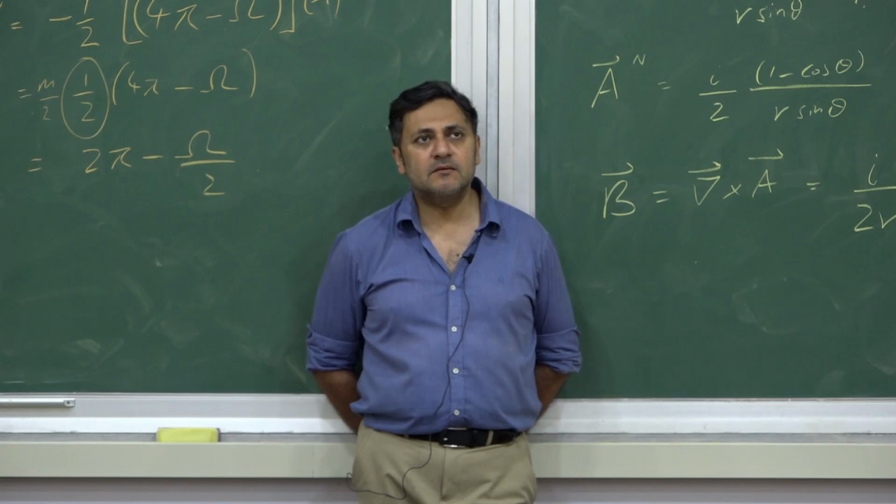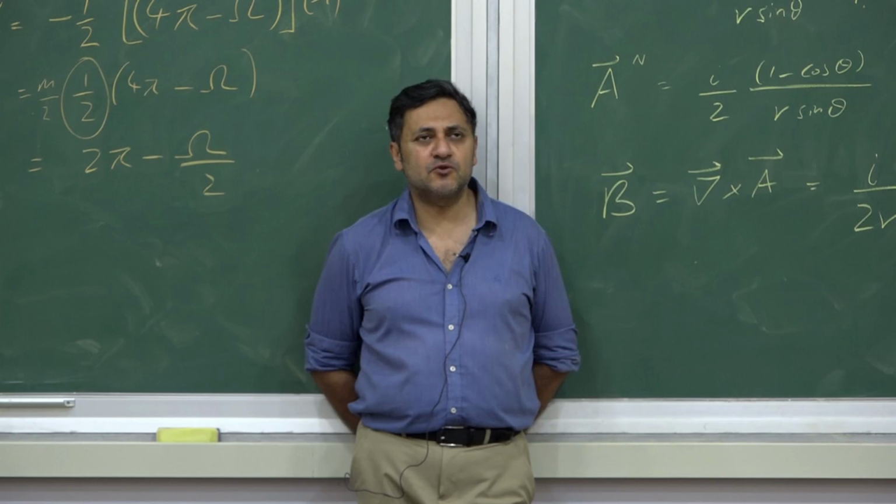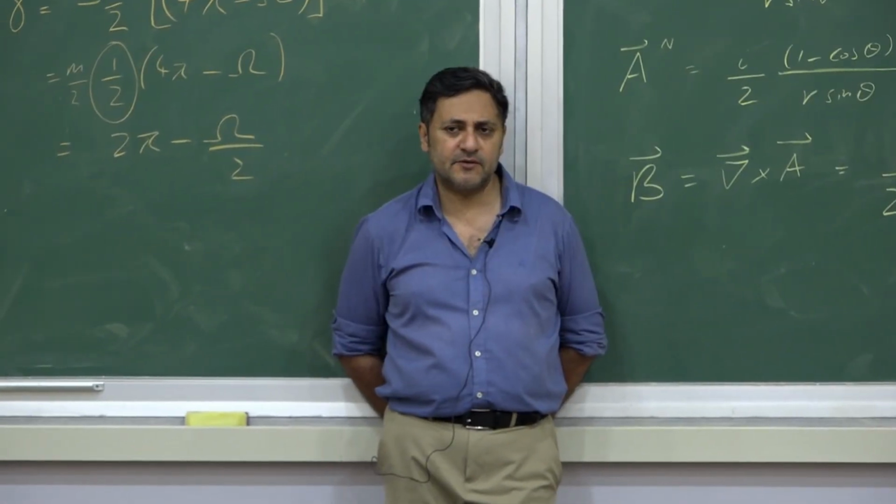Well, in what sense do you say that there are effects of magnetic field here? It's a construction which goes over in the parameter space. It's not affecting the dynamics of the particle the way the magnetic field was going to do.